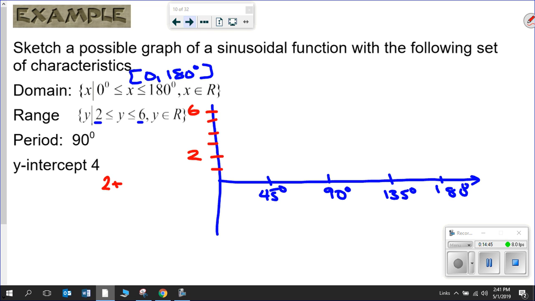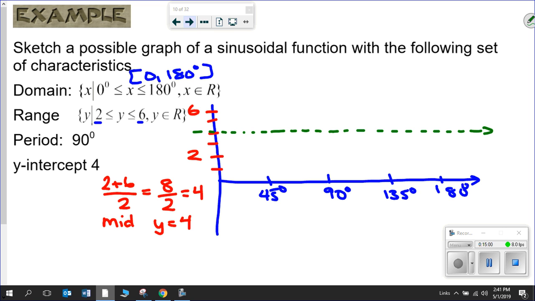So 2 plus 6 divided by 2, and 8 divided by 2 is 4. My midline will be at y equals 4. So I'm going to quickly just draw that in. There's my midline.